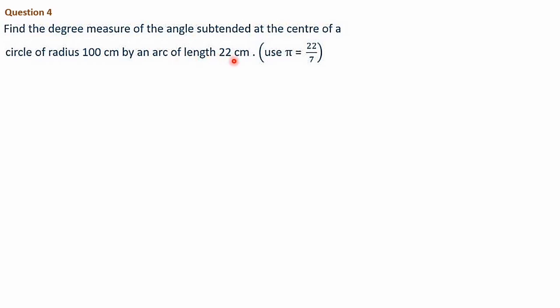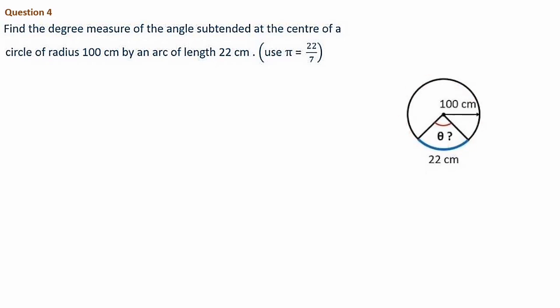That arc is subtending a particular angle at the center of the circle whose radius is 10 cm. And we are asked to find out the value of that particular angle which that particular arc is forming with the center of the circle. So here the visualization of the question is like this.